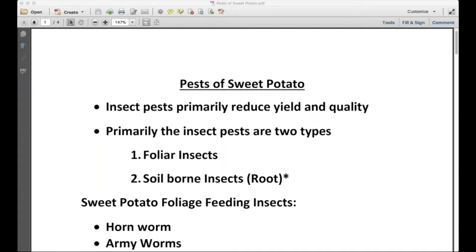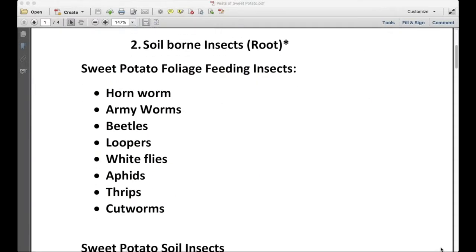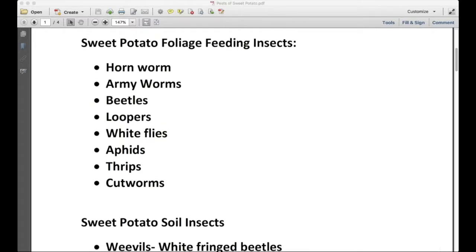As I have listed here, these are the major foliage feeding insects like the hornworms, the armyworms, beetles, loopers, whiteflies, aphids, and thrips.